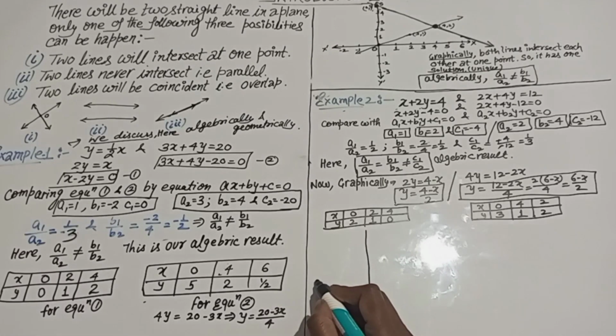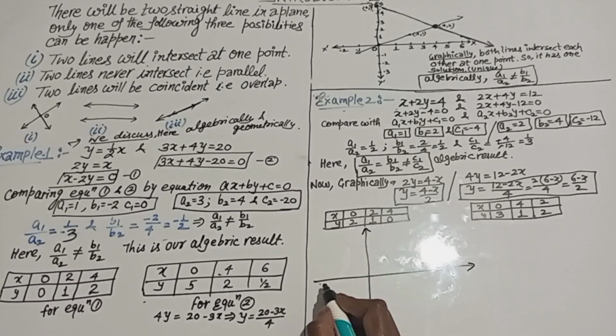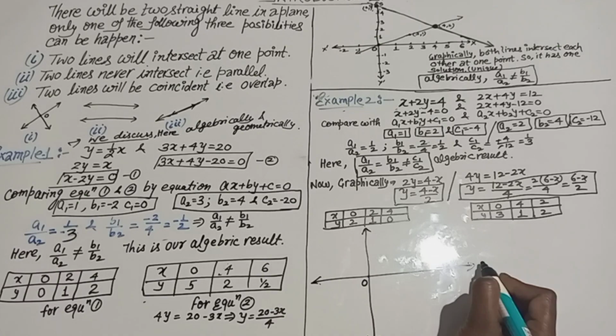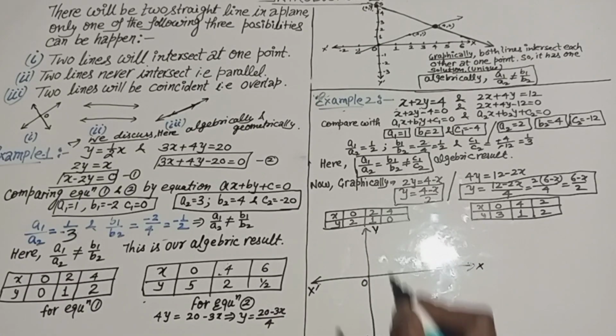Plot a graph here. So what we have, x, x dash, y, y dash. So now here 0 0. Okay.